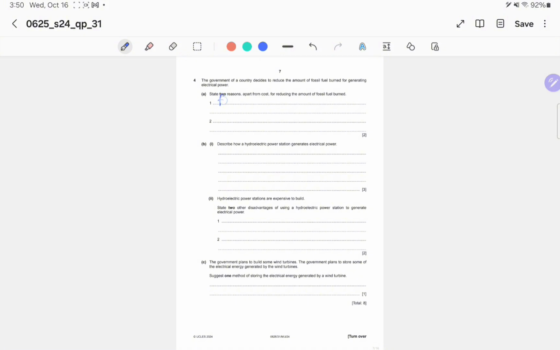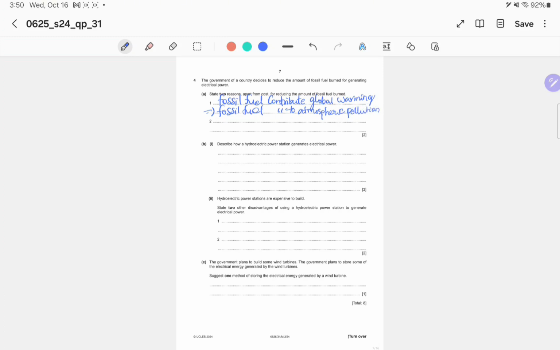I'll write: fossil fuel contributes to global warming. That is 1 point. Similarly, fossil fuel contributes to atmospheric pollution or air pollution, whatever it is.